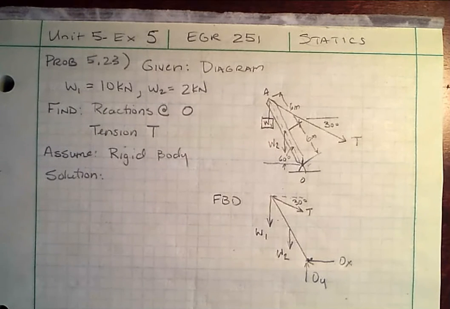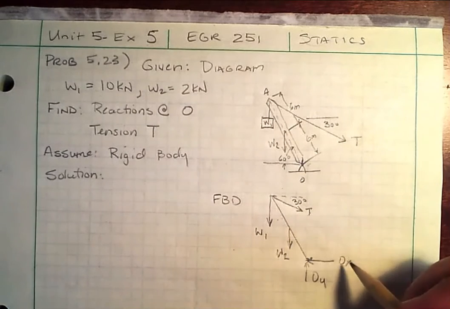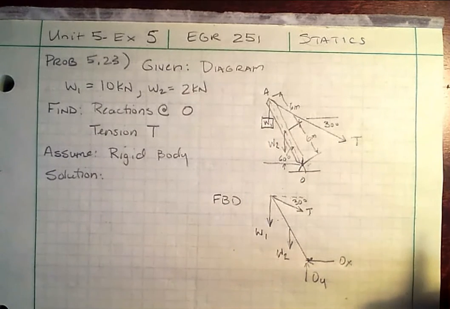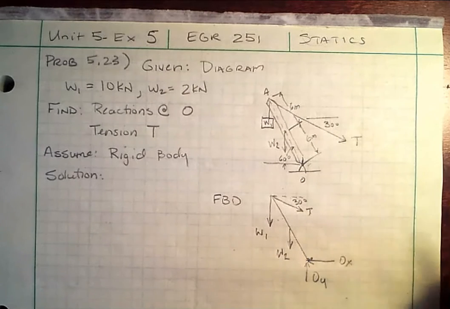So how to go about solving these problems? Well, we do a couple different things. We obviously can use forces in the X and forces in the Y. But let's say, for example, we do forces in the X direction. Well, T is unknown and O sub X is unknown, so you have two unknowns. If you do forces in the Y direction, T is unknown and O sub Y is unknown. So again, two unknowns.